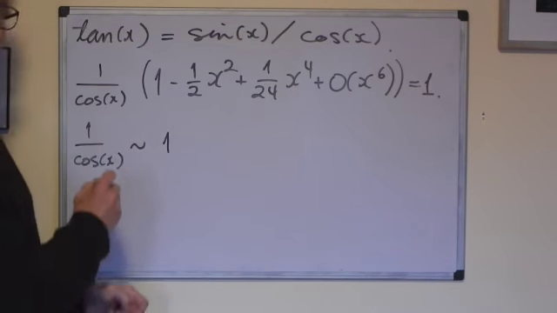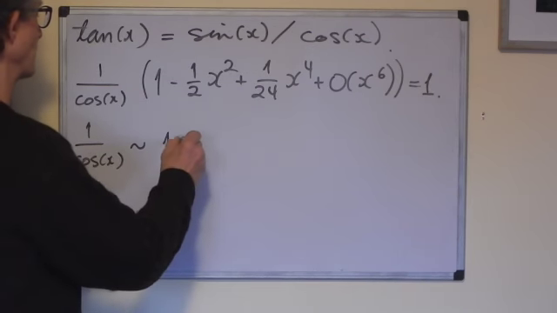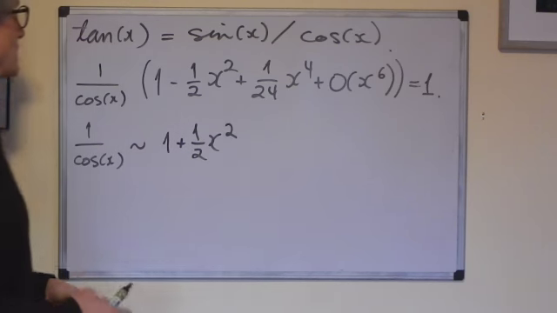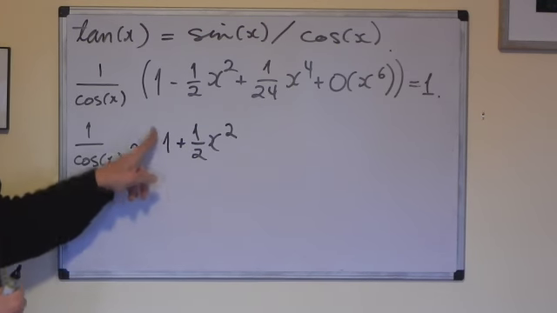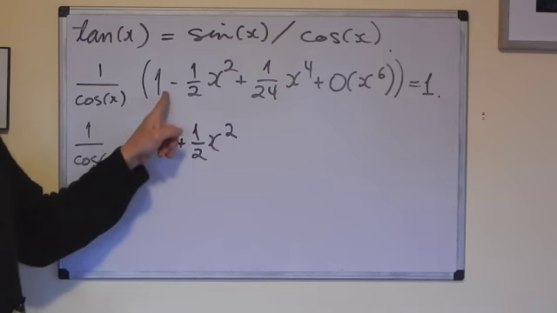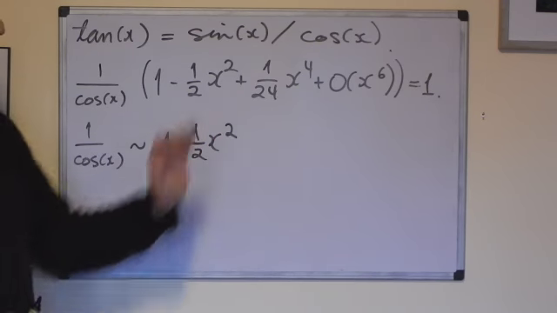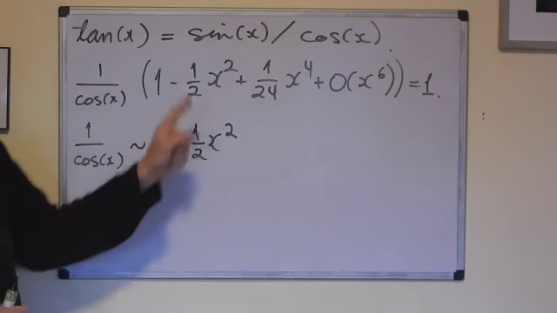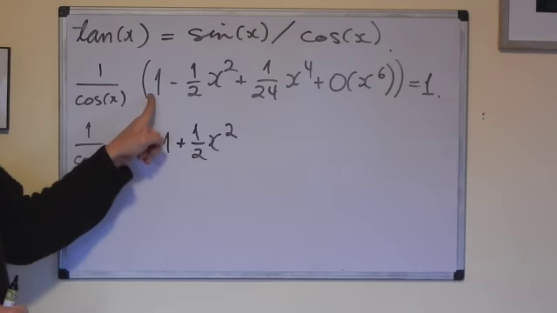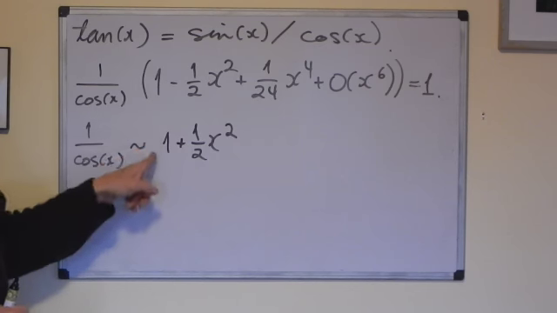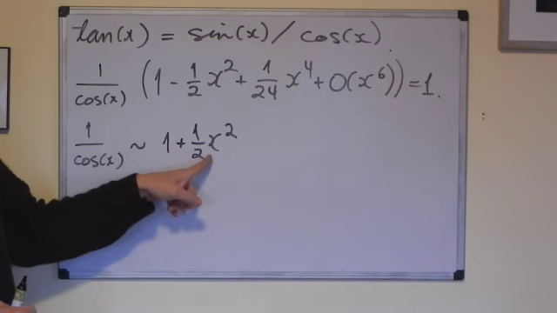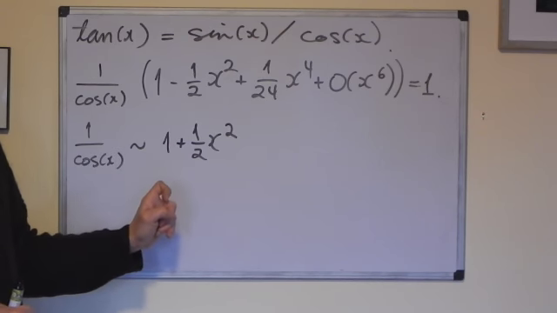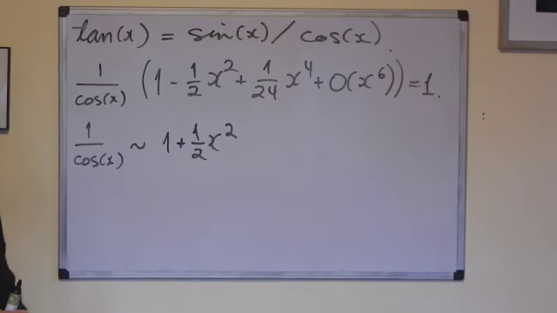If you follow that discussion, you realize that the next term should be 1/2 x squared, because if I multiply 1 by this, I get 1 minus 1/2 x squared plus something of order x to the 4th. And then when I multiply 1/2 x squared by this, I get 1/2 x squared, which cancels off this minus 1/2 x squared. Multiplying x squared by x squared, I get something of order x to the 4th, and so that fixes that.